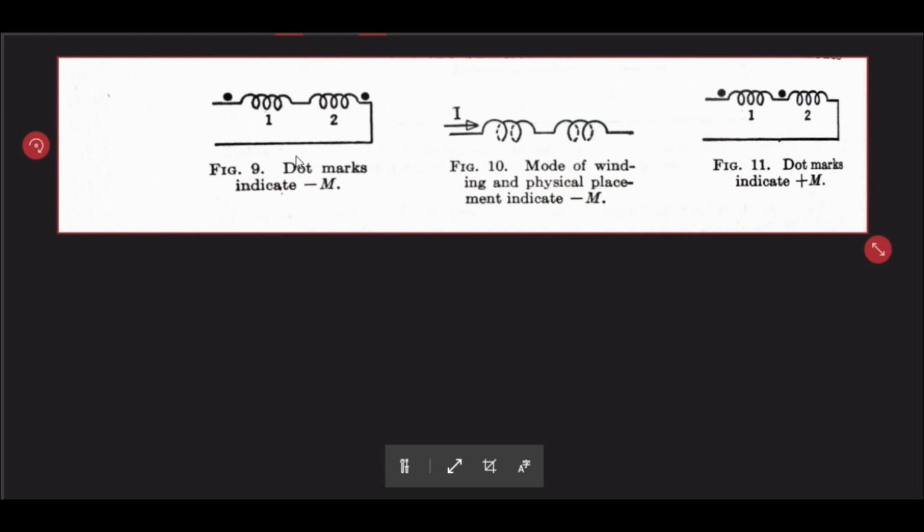The way we wound the coil in figure 11 is exactly opposite to that in figure 9. If you have confusion, you can always ask me, because this is the most important thing that we should understand, and once we understand this, everything will become very clear to us, right?